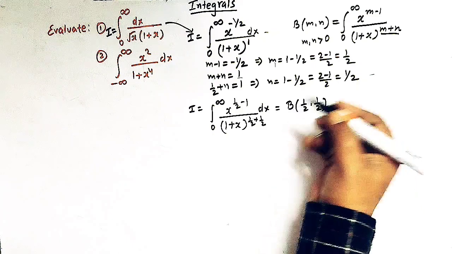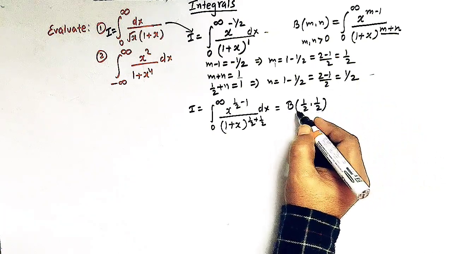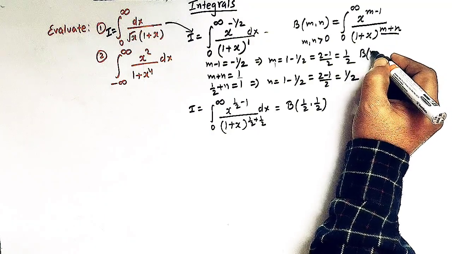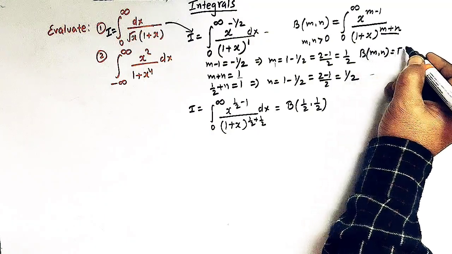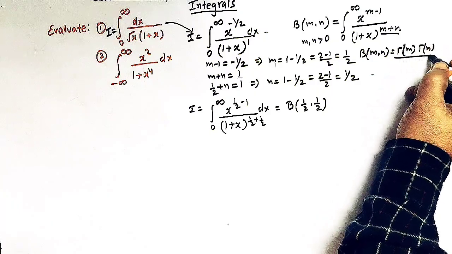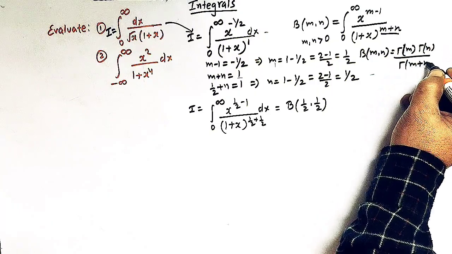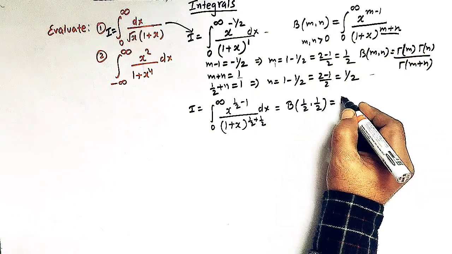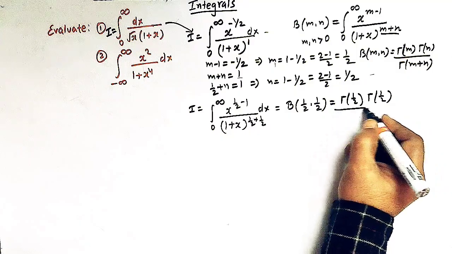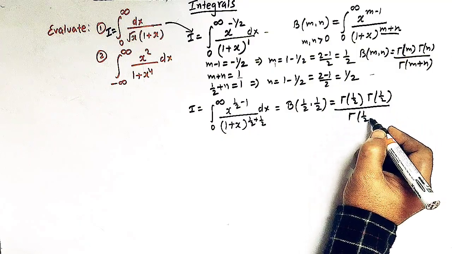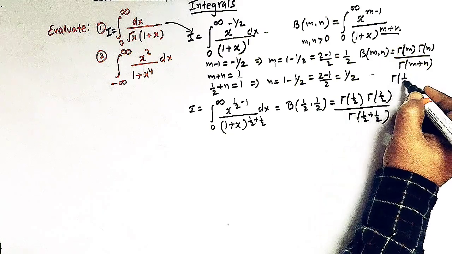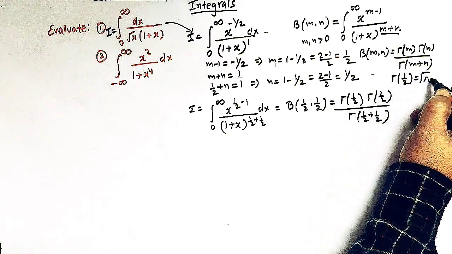Now here we'll make use of an important result connecting the beta function with gamma function, that is beta m comma n is given by gamma m gamma n divided by gamma m plus n. So here we can now write gamma half, then we have gamma half, and then we have gamma half plus half, right? Now gamma half is equal to square root of pi.